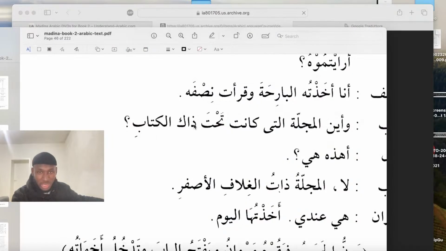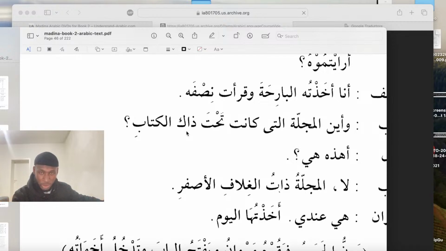Obviously, dhaka is mabni. Mabni means it is fixed. It doesn't change its uniform to indicate whether it is in the marfu, majroor or mansub case.